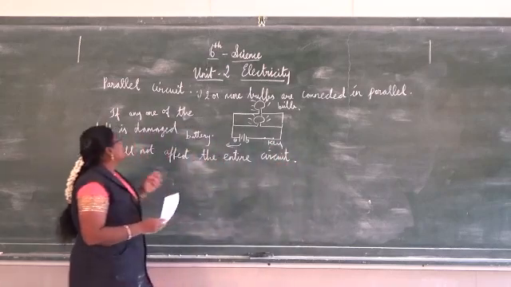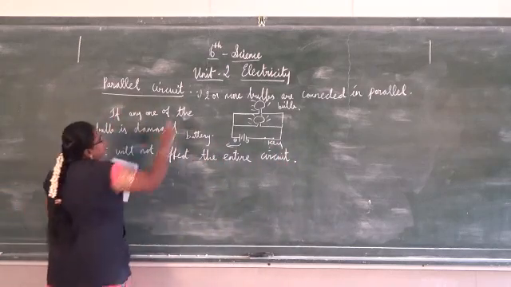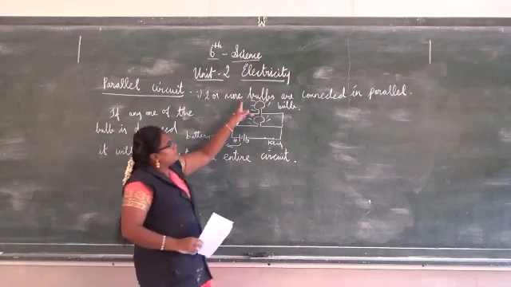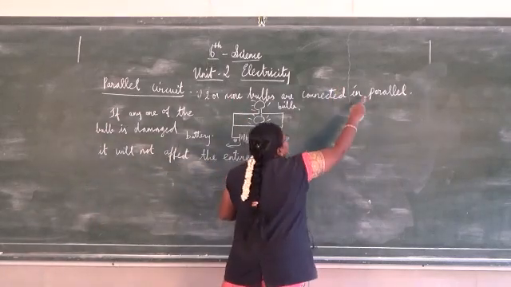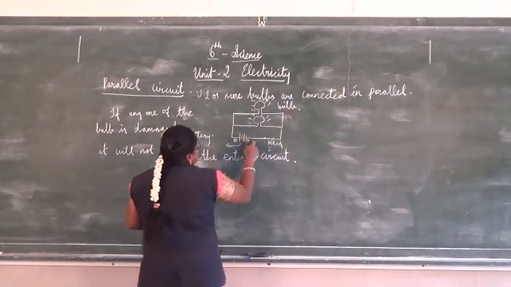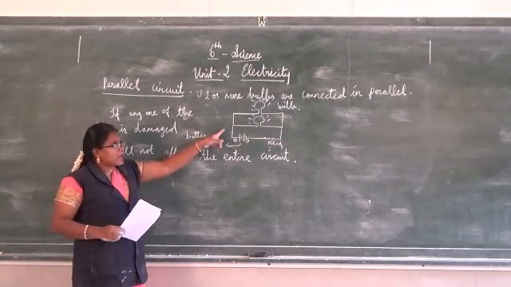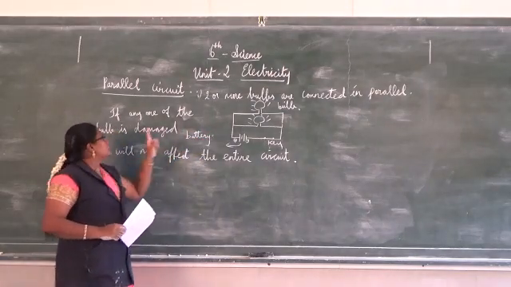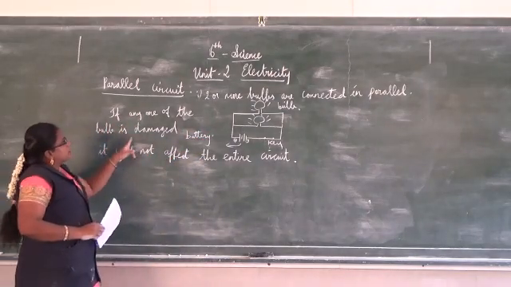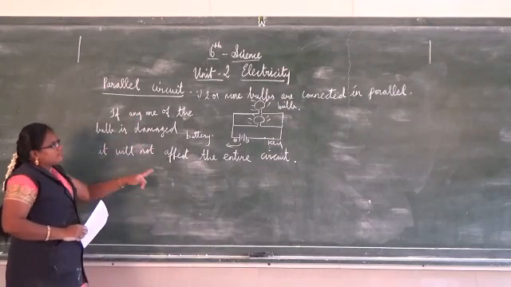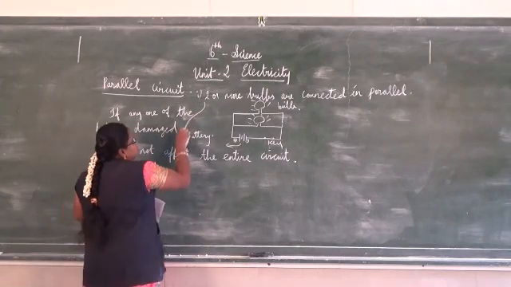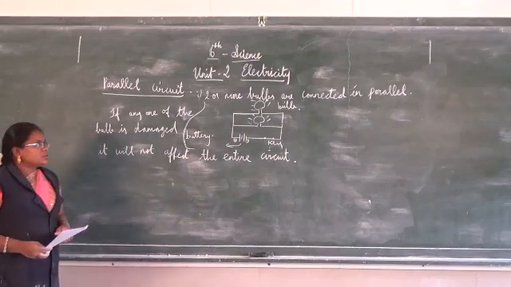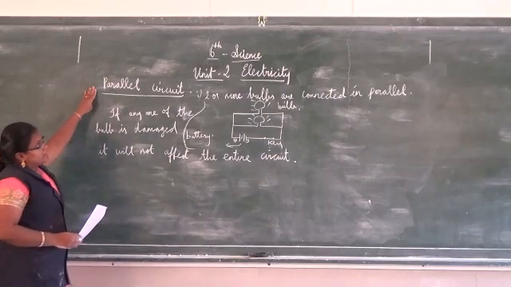That's all regarding the parallel circuit. Two or more bulbs are connected in parallel. This is the circuit diagram for the parallel circuit. If any one of the bulbs is damaged, it will not affect the entire circuit, understand children? That's all regarding the parallel circuit.